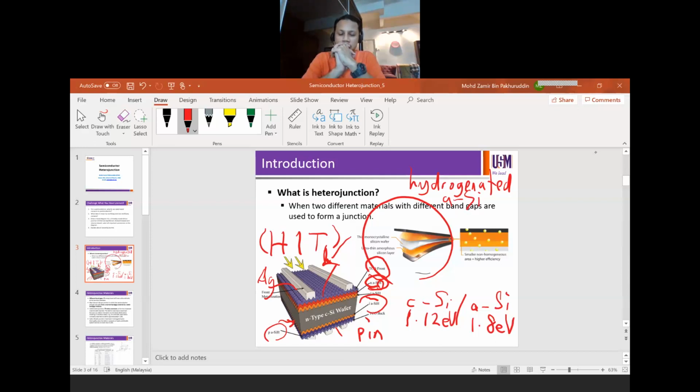So, okay. In some cases where the conductivity of your TCO is not enough, the metal contact is also used on top of the TCO. Tapi sebenarnya kalau you tak pakai metal contact pun, by right you can just probe your positive terminal and negative terminal and do the measurement.